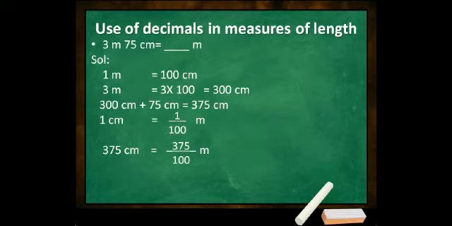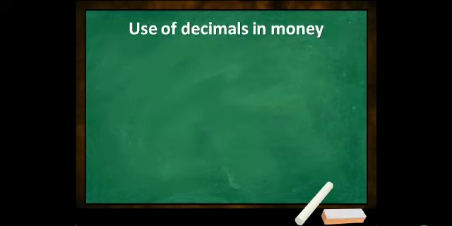So when you divide it, you will get 3.75, or you can follow the other method. That is, there are two zeros, so 2 decimal places will come. So from the back of 375, that is from the right side, that is 5 and 7, after 5 and 7 you are going to put the point. So you will get the answer 3.75 meters.